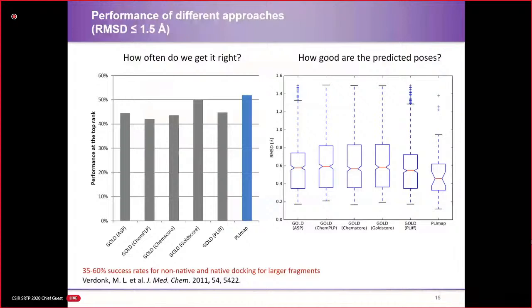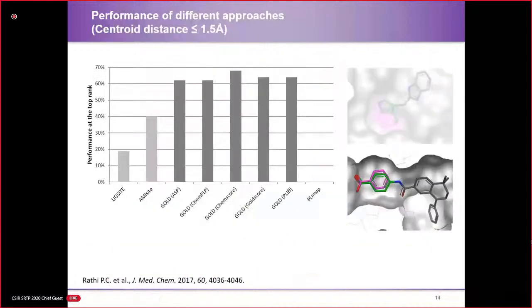However, how often we get it right is one thing, but how correct you are when you predict a docking pose is another. If I go back here, we predict these poses using PLI map, and if they are very close to the actual pose in the PDB, we say your answer is even better, not just within one and a half angstrom, but the closer we go to the binding pose in the PDB, the better the quality of your prediction.